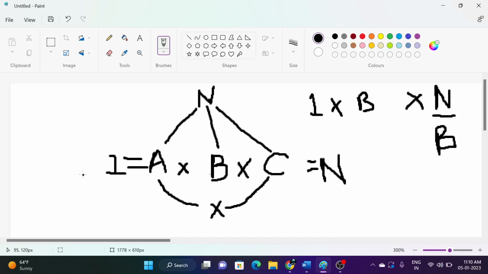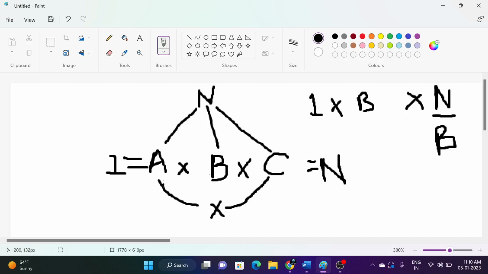If a is equal to 1 and we take b, which is a factor of n, which is neither 1 nor n, then c automatically becomes n by b, as a into b into c is equal to n.